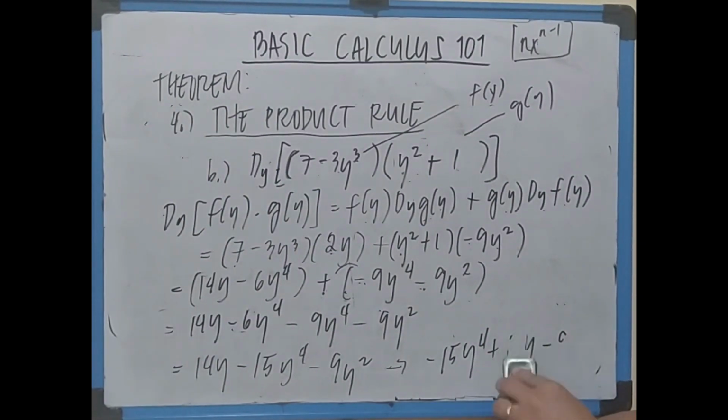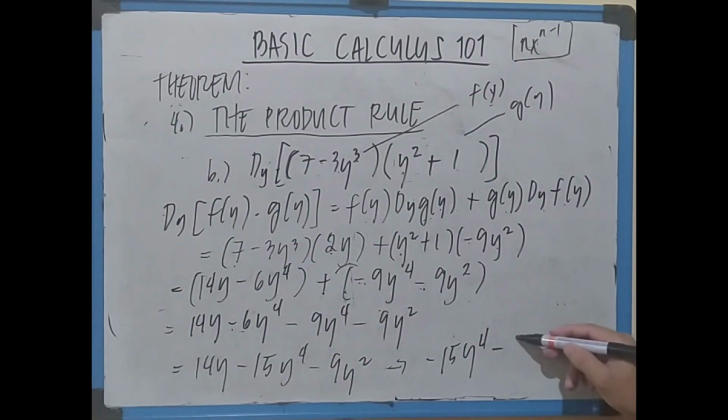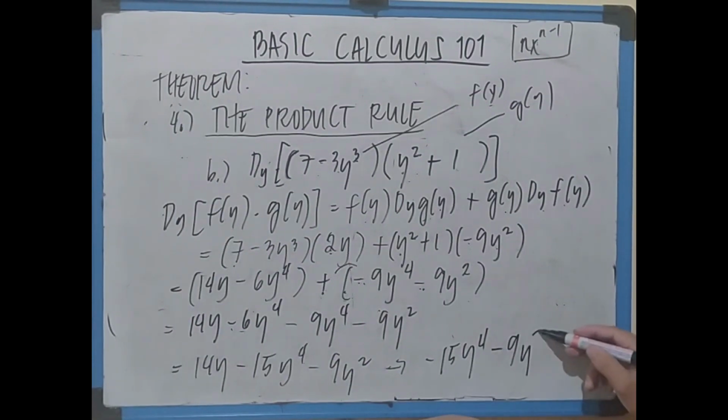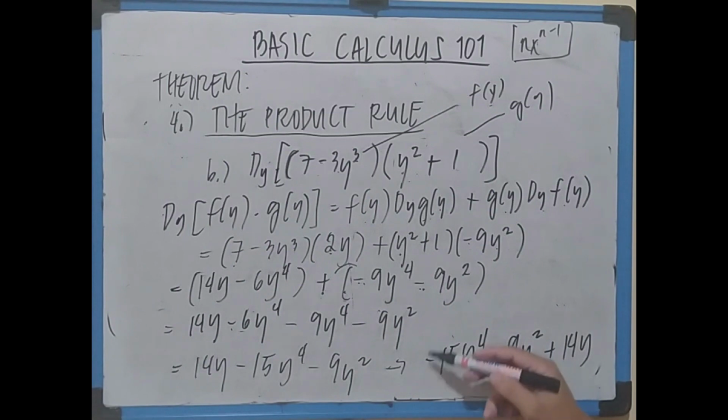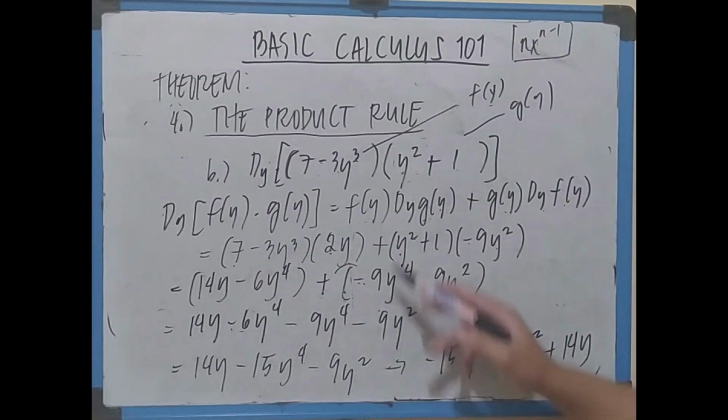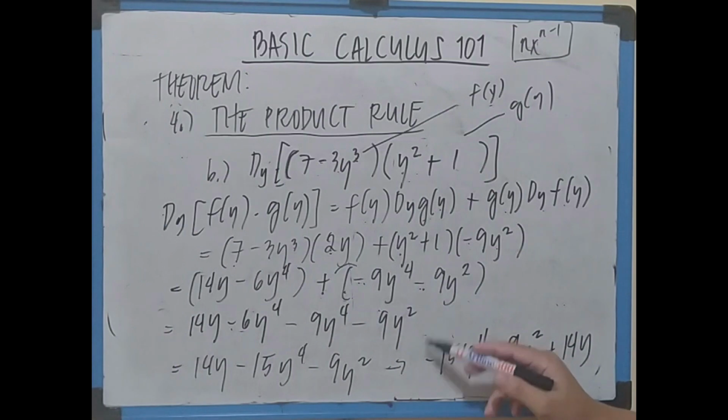So, instead of 14y, ang ilalagay natin dito kapag highest going to the lowest exponent will be negative 15y raised to 4, negative 9y squared, and plus 14y. Kung gusto nyo tanggalin yung negative dito, multiply nyo lang siya by negative 1. Para maging positive yung first term natin. So, pwede rin po yan. Okay? So, this will be your final answer.